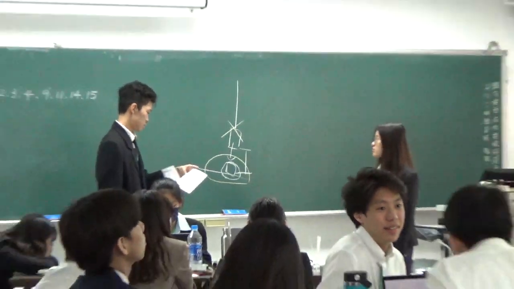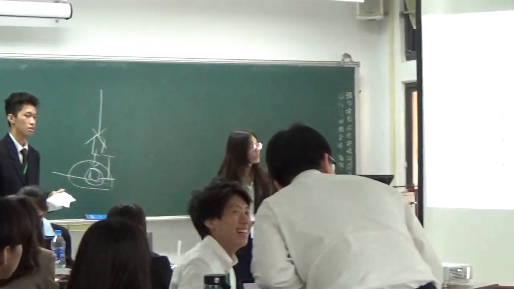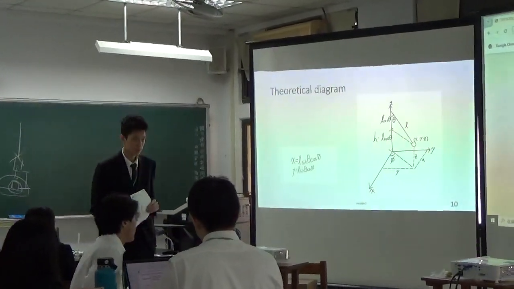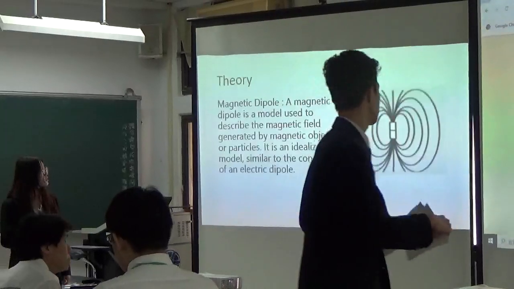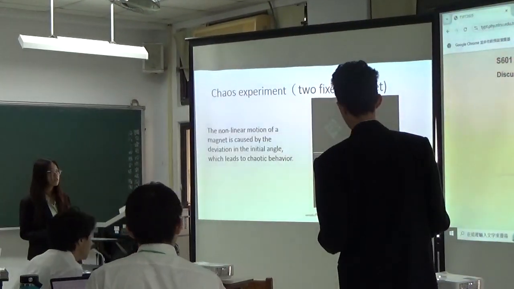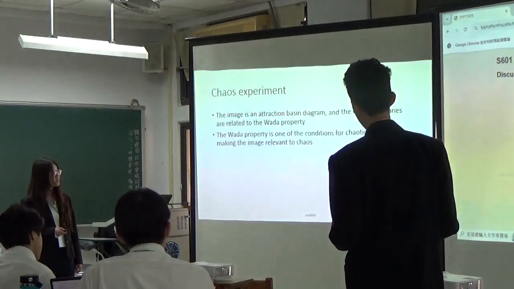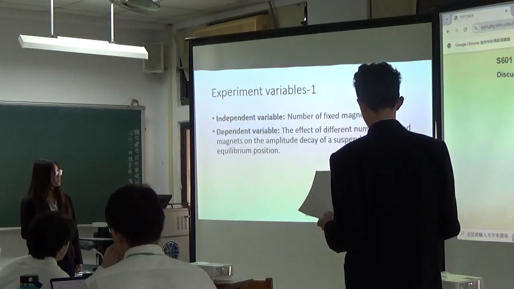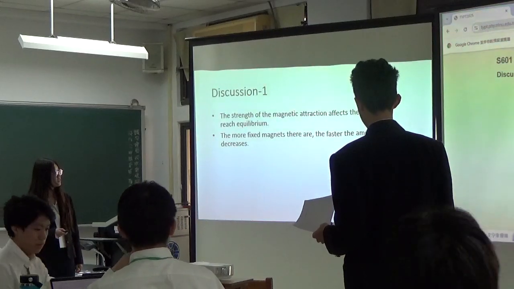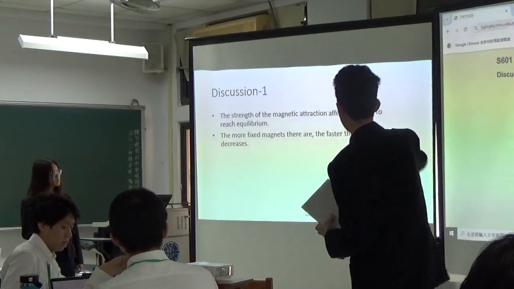And so can you turn to the experiment where you change the amount of fixed magnets? The experiment where you change the parameters of fixed magnets. And so this graph.